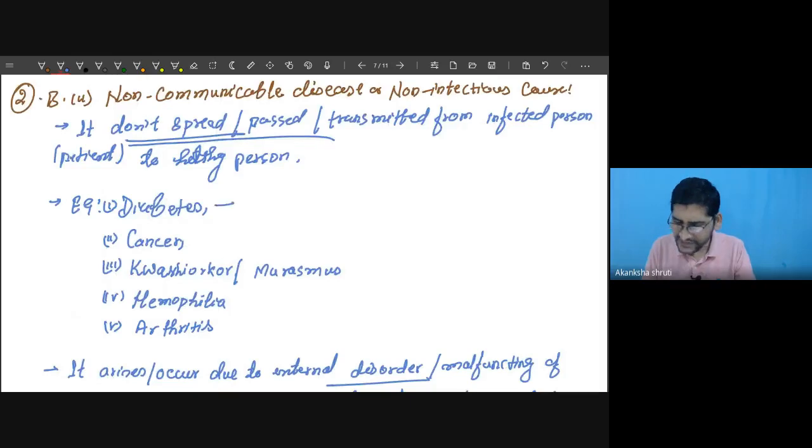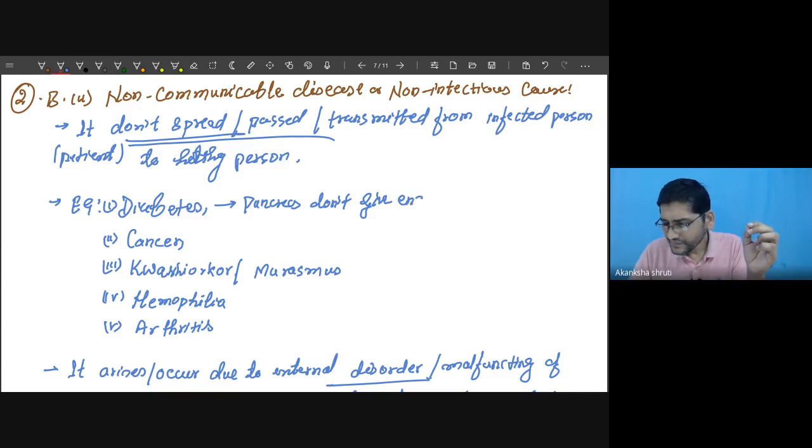Example, why does diabetes arise? Because the pancreas is not able to give insulin. So in this case, the pancreas in our body does not give the enzyme insulin. It is basically a hormone.